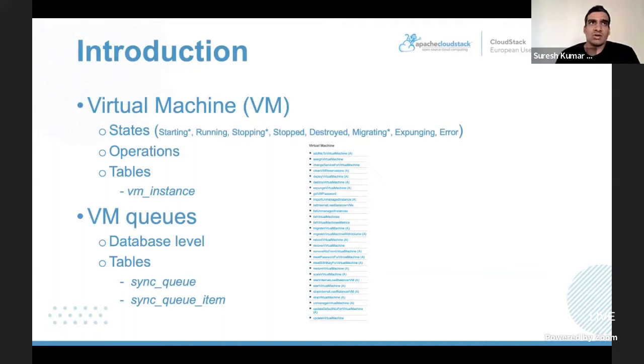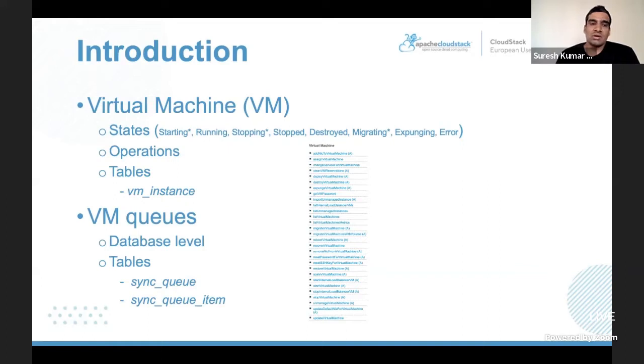In order to serialize the VM operations and to control the state transitions through the state machine, the VM operations are serialized, and all the VM jobs go into the VM sync queues, from where all the VM jobs get executed.